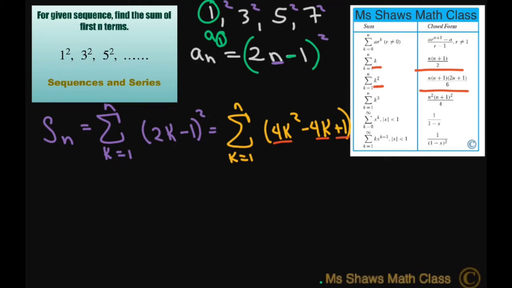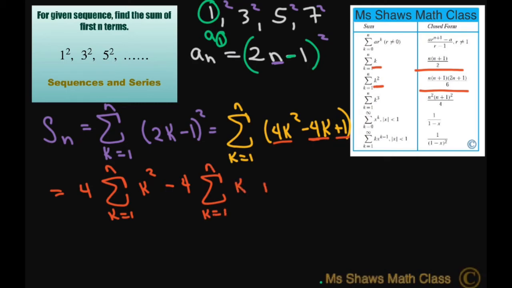So this is going to equal 4 times the sum of k equals 1 to n of k squared, minus 4, I'm bringing out this 4 now, times the sum of k equals 1 to n of k, plus the sum of k equals 1 to n of 1. Now, I'm going to use formulas for these two. This one's just going to be n, because it's just going to be 1 times n for the constant.